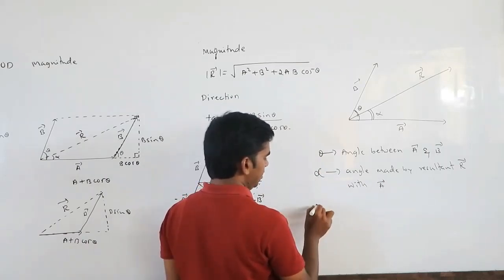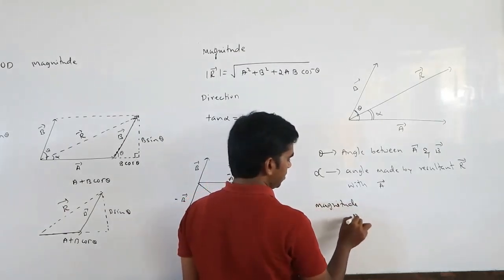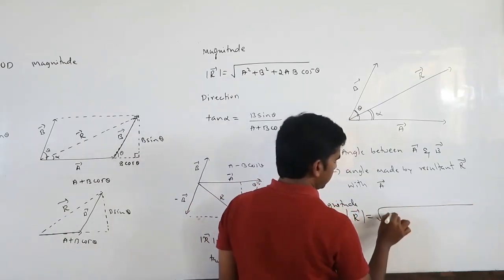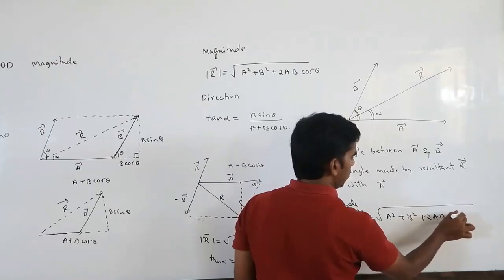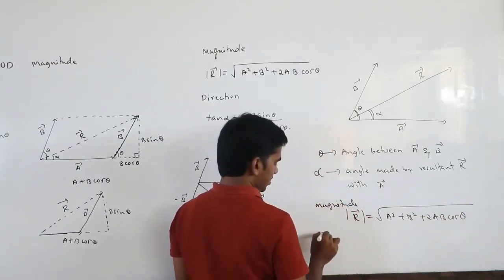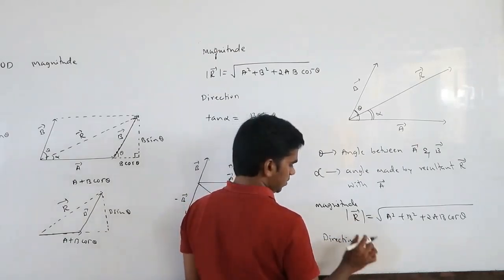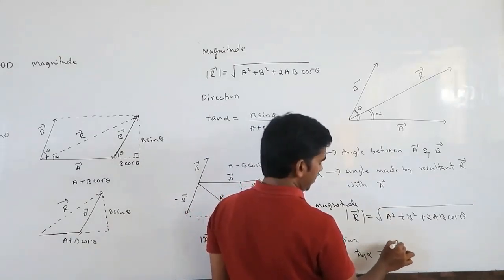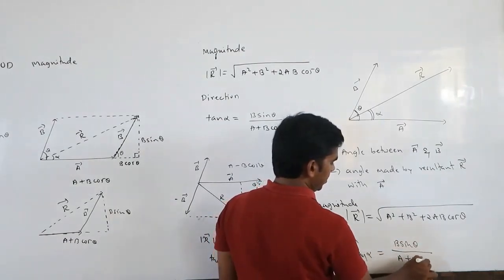First we find the magnitude of vector R equals root of a square plus b square plus 2ab cos theta, and for direction use tan alpha equals b sin theta divided by a plus b cos theta.